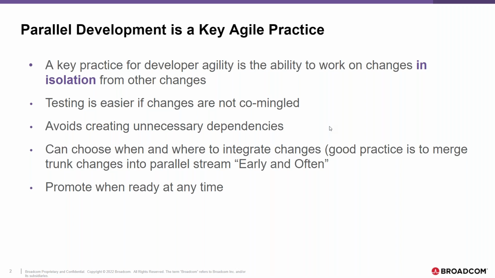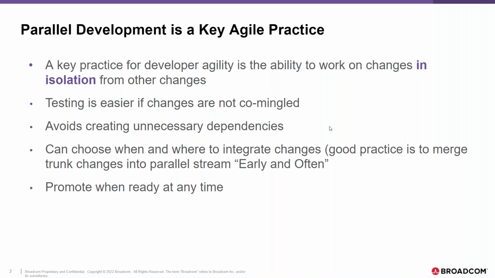When you have limited ability to separate changes from other changes, they start to become commingled, which makes testing a lot more complicated and creates dependencies. For instance, if you want to promote something, but your code has been mingled with other changes that aren't ready, or a bug was found, those dependencies become problematic. So the idea is to keep everything in isolation until the last minute.